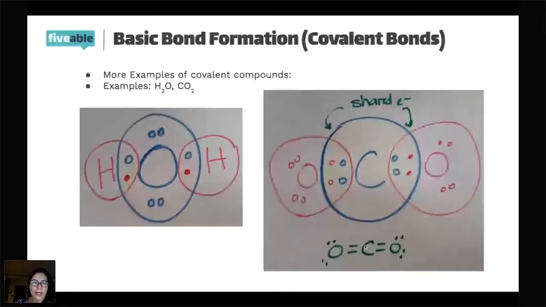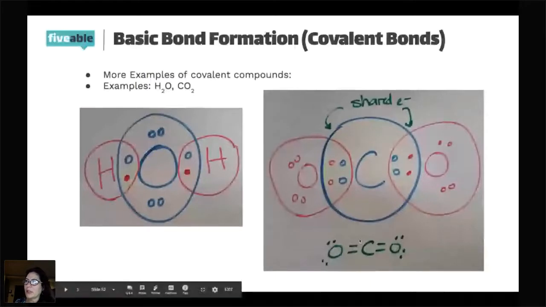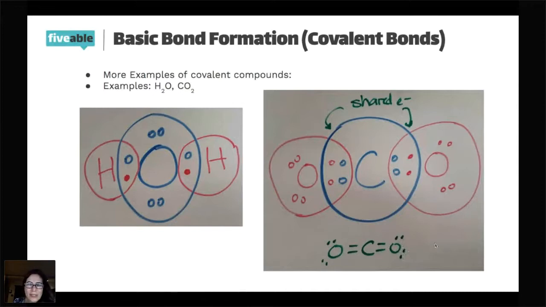So carbon dioxide bonds covalently with a double bond, and each oxygen atom still has 2 pairs of lone pairs. Questions so far? Is it clear the difference between ionic and covalent bonds?